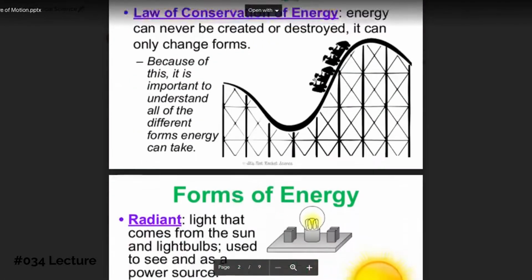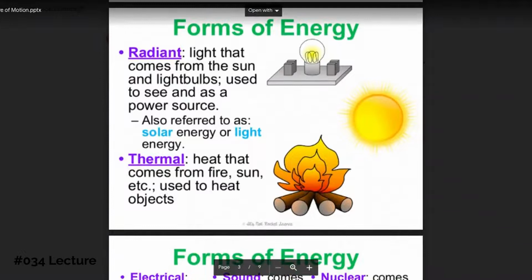All right. So these forms are going to be a myriad of different things. And what I really like about this is that just like pretty much every science class, it goes along with what the name is. So we've got the radiant right there, which is exactly what it sounds like. It is going to be some kind of radiation of light, which is why it says solar energy or light energy.